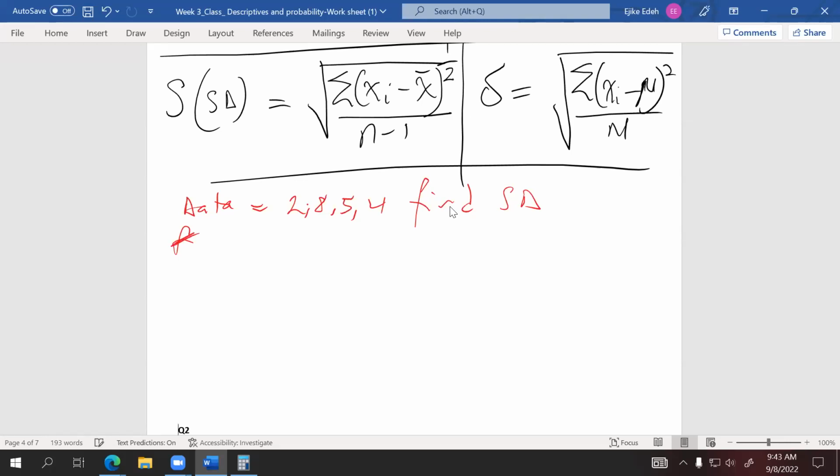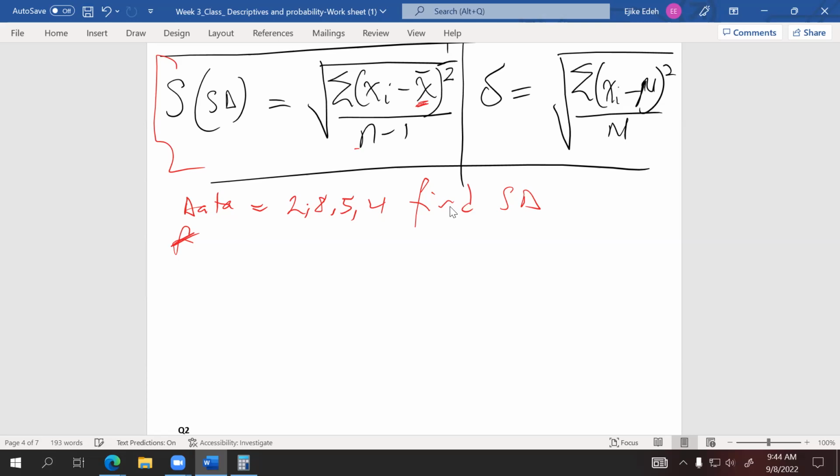So essentially, we're going to implement this formula here. We're going to do it two ways. We're going to work it out literally horizontally, and then we create a table to make it compact. Working it horizontally, first you need to find the mean. You know your data points, x_i. Each of these are your data points. There are 4 of them, so n is 4.